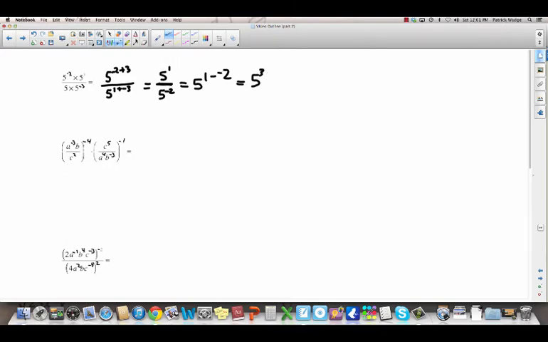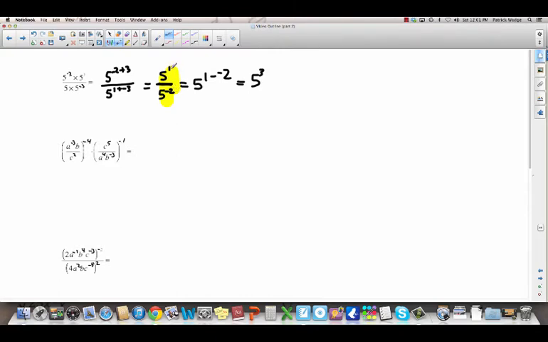I just want to show you one last thing at this step here, once you got to here. Another way you could do this, I find this quite useful, is if you have the same thing on top and bottom, like 5 and 5, or A and A, or X and X, or whatever, and you want to know how to simplify it, one thing you can ask yourself is, where do you have a bigger number? Look at the exponents. Where's the bigger number here? 1 or negative 2?